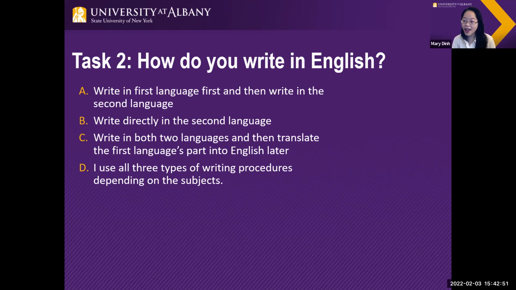I think I need to add E as well, because I know some international students who also use a machine translator. They will write in Chinese, for example, and then put that into Google Translate and have it output the English version. Do you think that is an accurate thing to do?